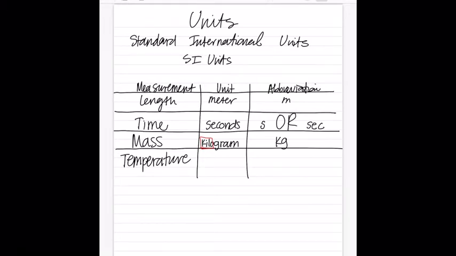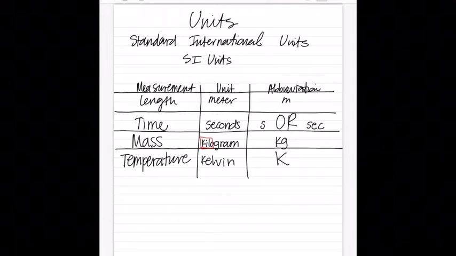Fahrenheit's kind of all over the place. But in the scientific realm, a more accurate temperature scale is called Kelvin. It is much easier to do things in Kelvin than it is in Celsius and Fahrenheit. So this is Kelvin, and that is a capital K. Now, normally when you deal with Celsius or Fahrenheit, you have a little degree symbol that you put after that. On Kelvin, there is no degree symbol.